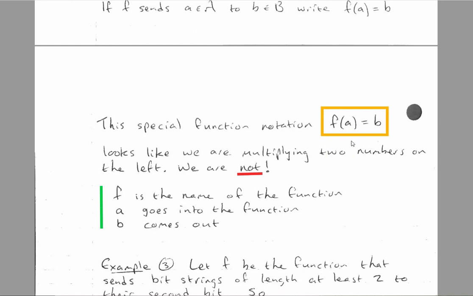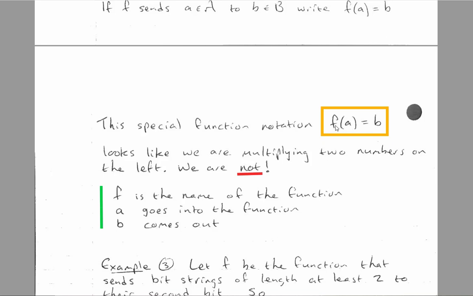And just to emphasize the notation here, f of a equals b. In algebra, this looks like a product of two numbers, but in this context, this is a special function notation.